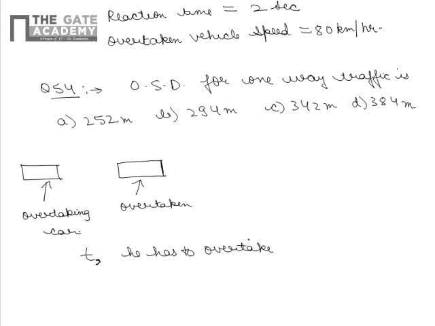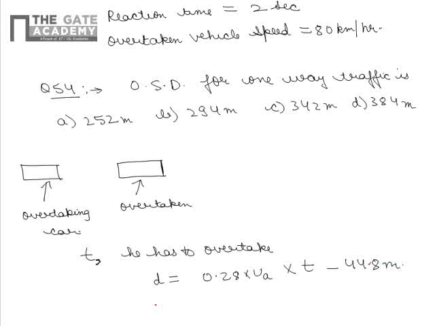So he will travel some distance which will be given by d1 equal to 0.28 into VA, where VA is the velocity with which this overtaking car is traveling initially, multiplied by t. This 0.28 just comes from conversion of km/h into meter/second. So it comes to be 44.8 meter.